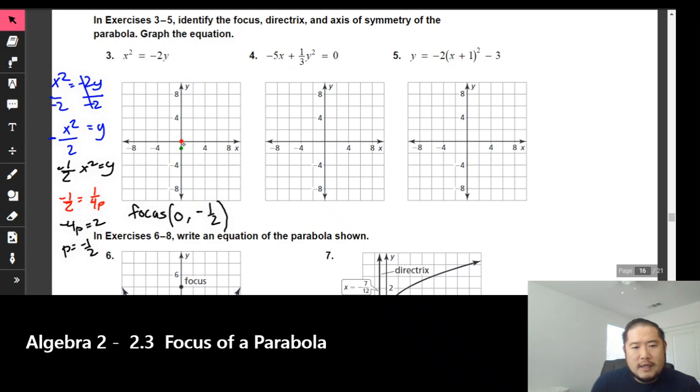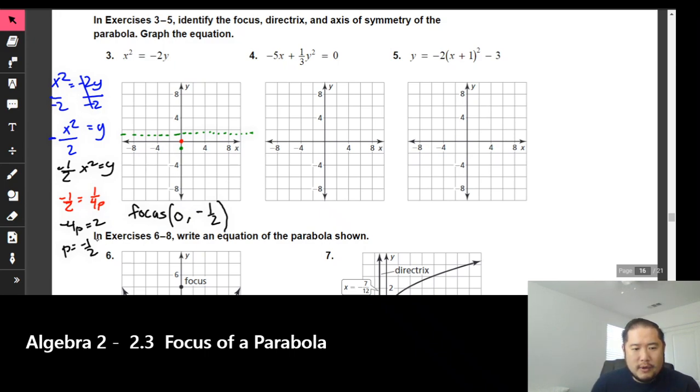which tells me that the directrix should be on the opposite side. Remember, the distance from the vertex to the focus and the vertex to the directrix is exactly the same. So that's why we have our equation right here. For our equation, y is equal to negative p.